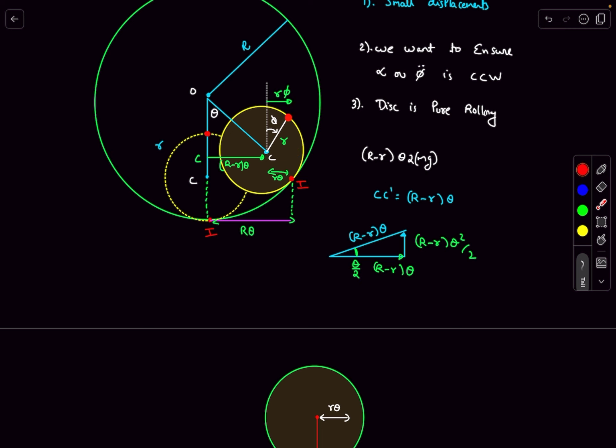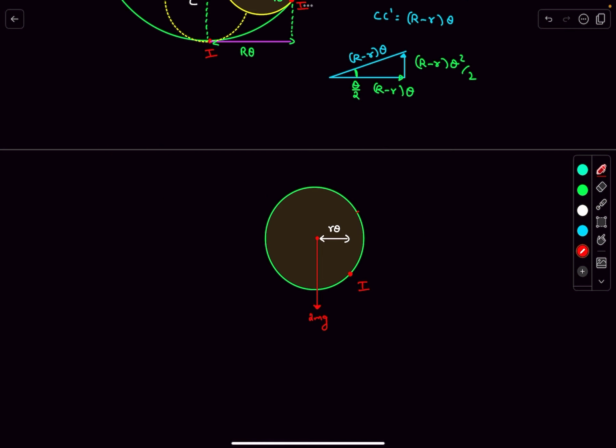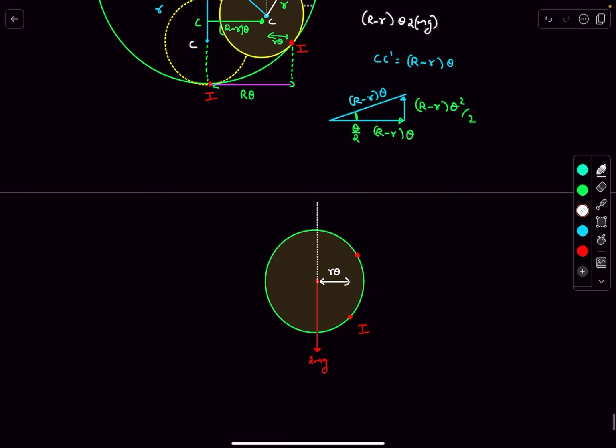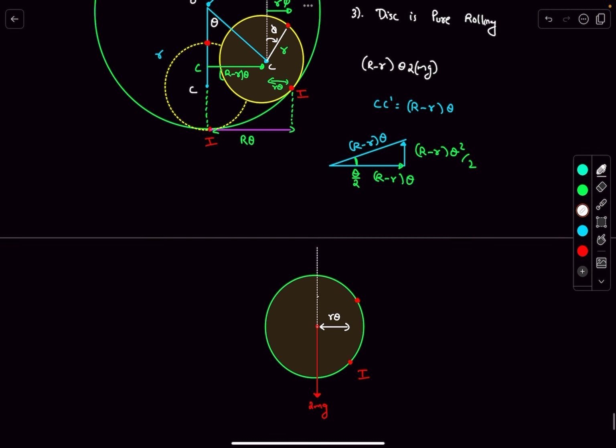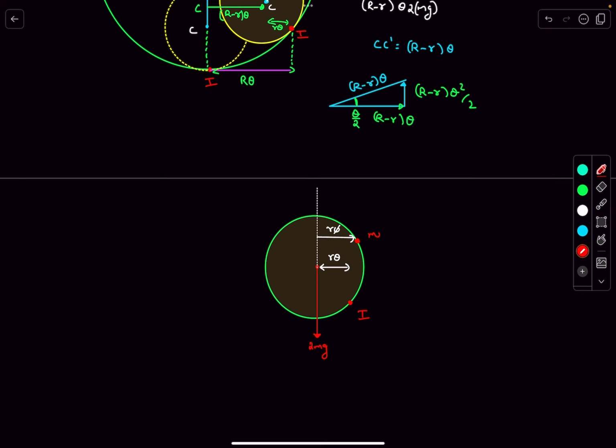Now we need the distance of the point mass from I. Let's say the point mass is somewhere over here. Earlier we figured out this distance was actually r phi, right? Which means the distance of small m mass from the ICR is going to be the difference of these two values. So now let's write down the torques.